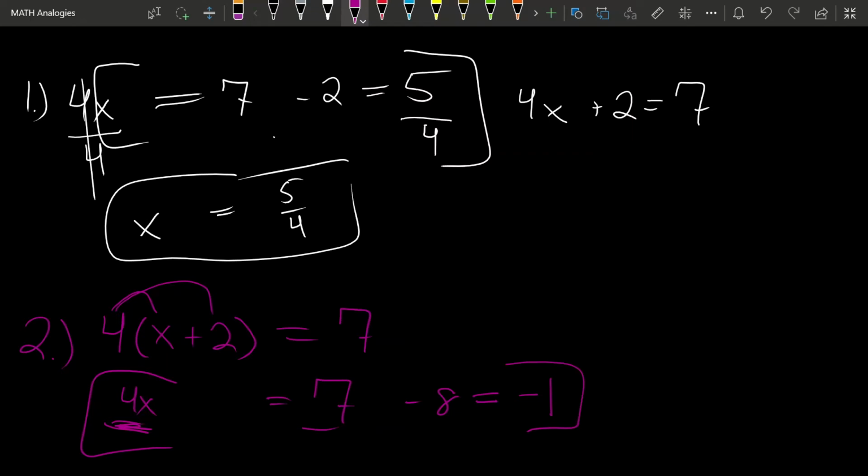And all we have to do is divide by that 4. Okay, so actually, how about I just move it on over like this. So what we have now is x equals minus 1/4.